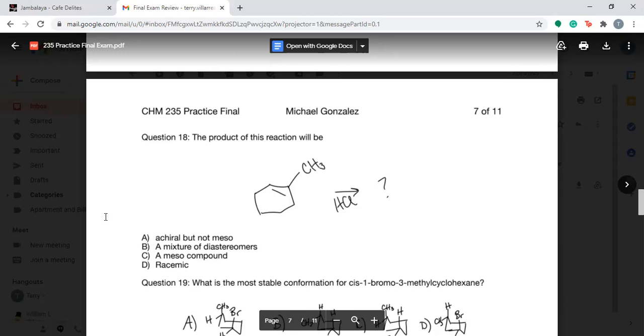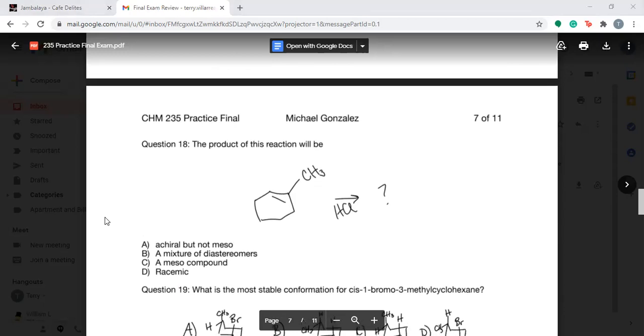So which carbon is going to get the hydrogen and which carbon is going to get the chlorine? Is the chlorine going to go to the carbon that's underneath the methyl group? Yeah, so this is what your product is going to be. You are going to add it to this one, so you're going to get this product where you have your methyl, like here, and then your Cl here.